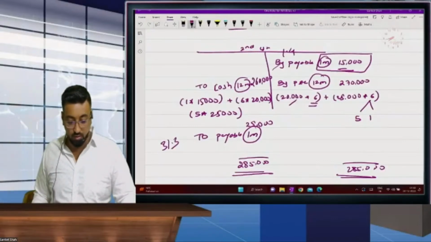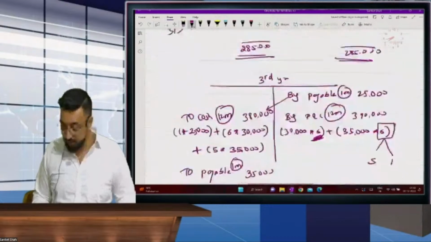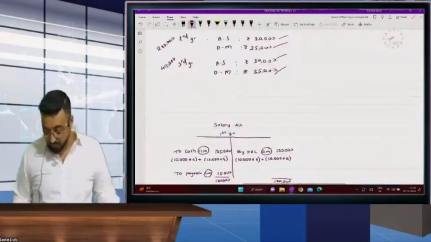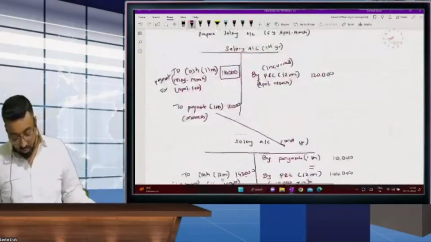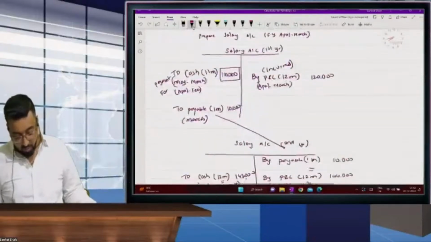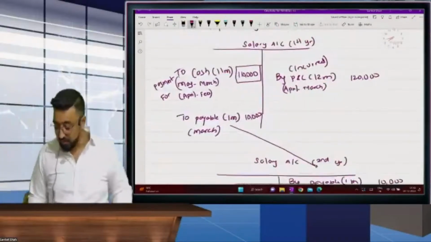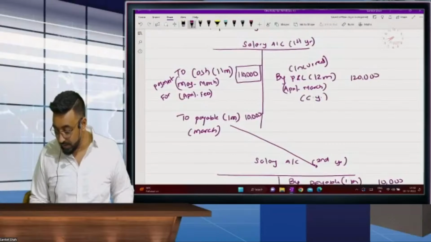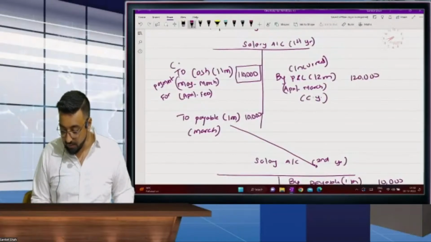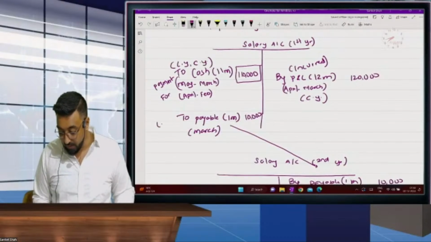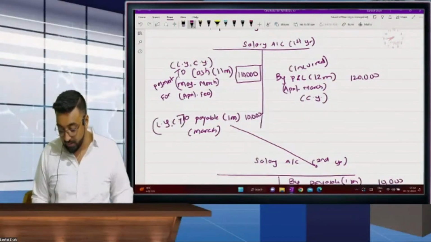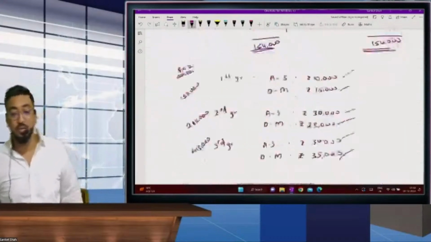Opening and closing. Should I give you one example for prepaid? Quickly tell me in the comment section. Now you understood the concept of payable. Now see, this payable is of current year. This payable might be for last year or current year, and this payable is of last year or might be current year. So to payable is never for next year.